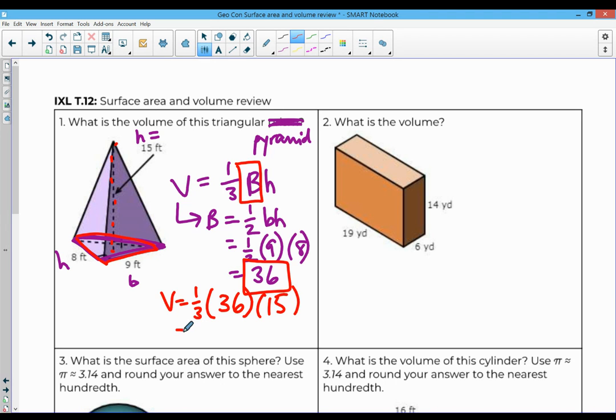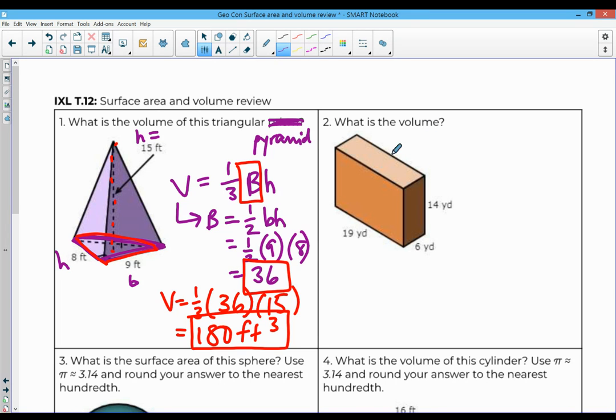Calculate that, and that is 180 cubic feet. Okay, tough one to start with, but that's okay. Again, I just went through IXL till I got an 80, and these are the questions I had to answer. So hopefully that gives you a good idea of what you're going to have to do.